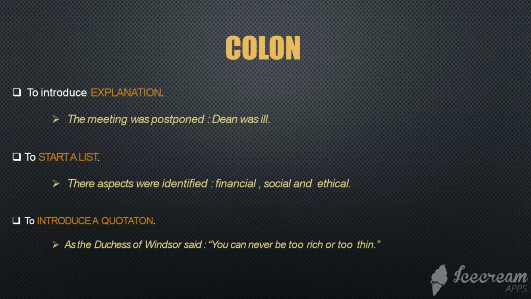So here you may see "the meeting was postponed" is a statement, and after that we have used a colon. Why? Because further explanation is given ahead: Dan was ill. So colon here shows the further explanation of why the meeting was postponed, because Dan was ill.